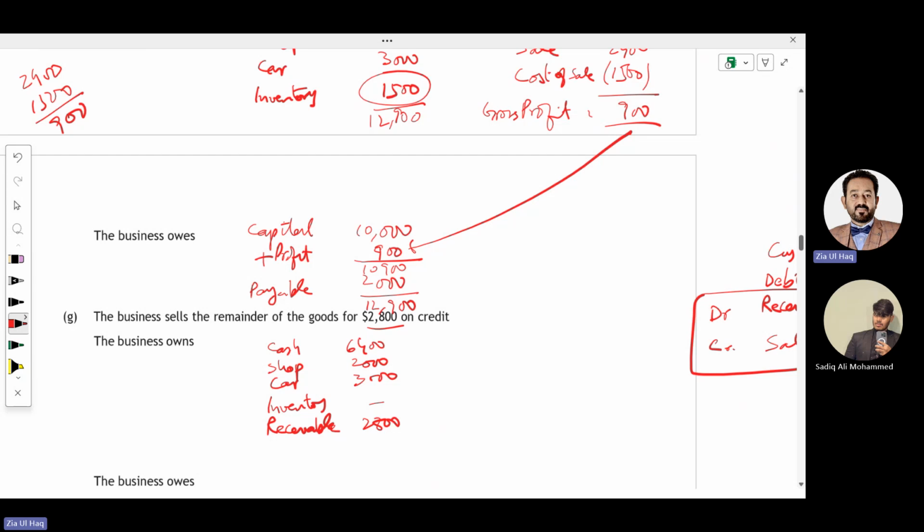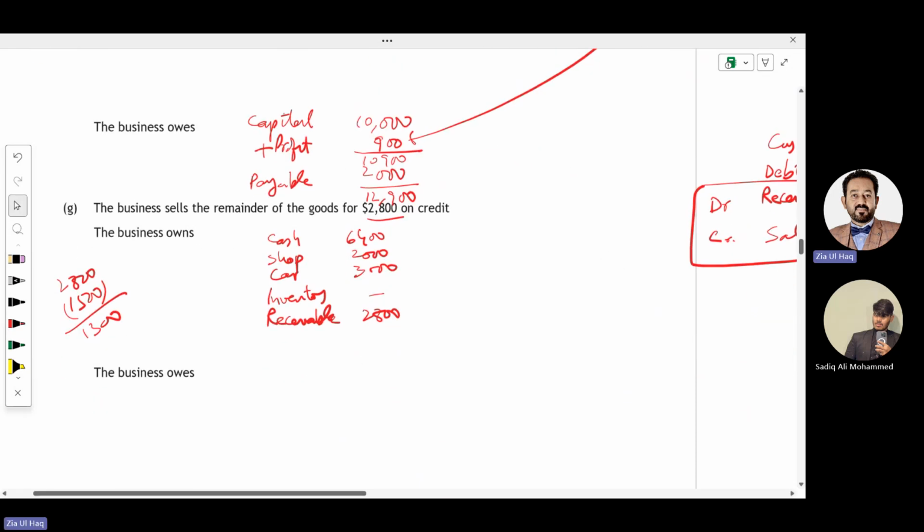The inventory gone of 1,500, and the asset up by 2,800. So 2,800 minus 1,500, how much is the difference? 1,300. What will this 1,300 be? Profit.